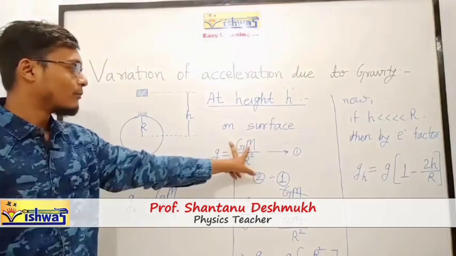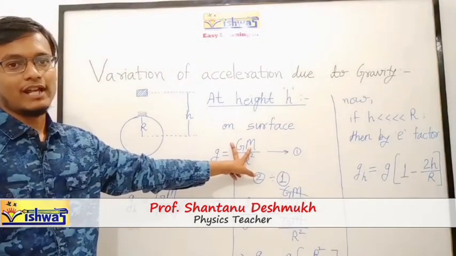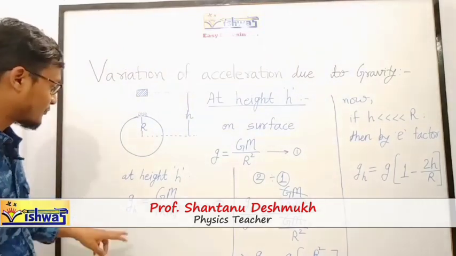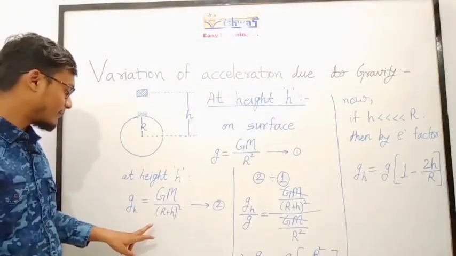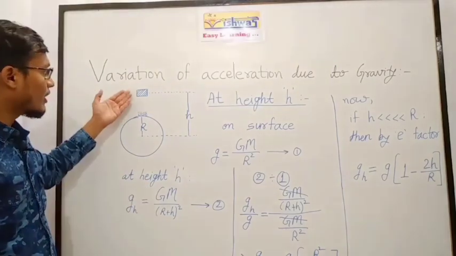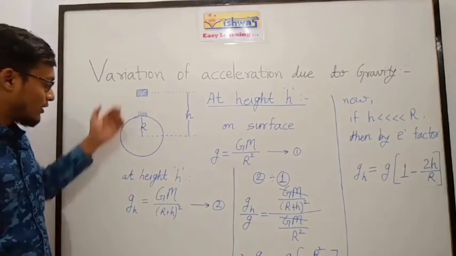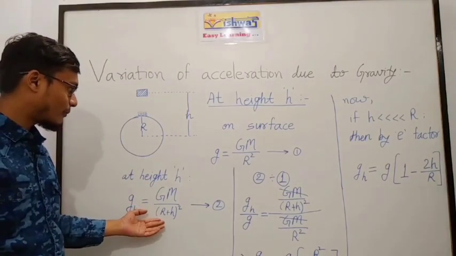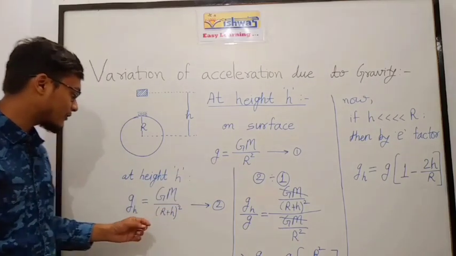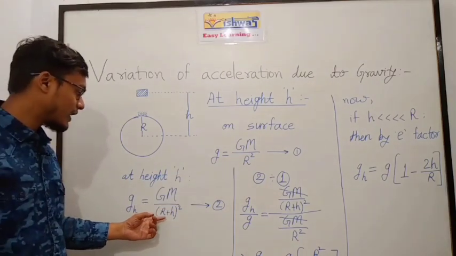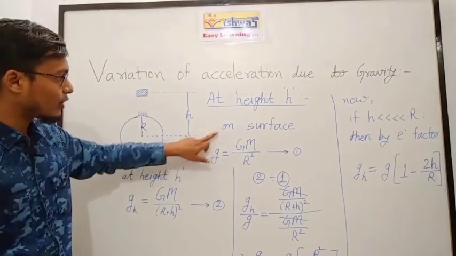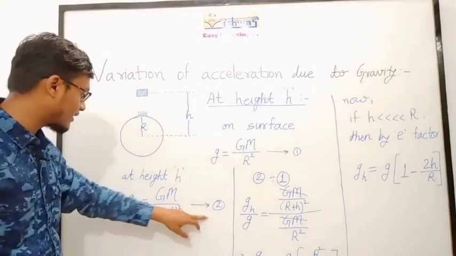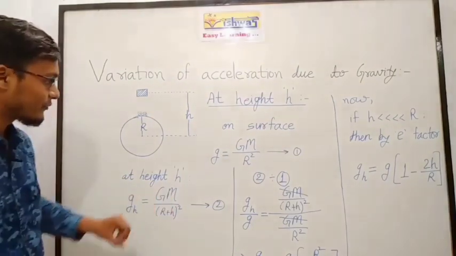So both these values are constant as they will never change. So our G and M quantities will be the same. Now our object is at height h, so our r will change from r to r plus h. So in the denominator we will get (r plus h) whole square. So this is our first condition on the earth's surface and this is our second condition at height h.